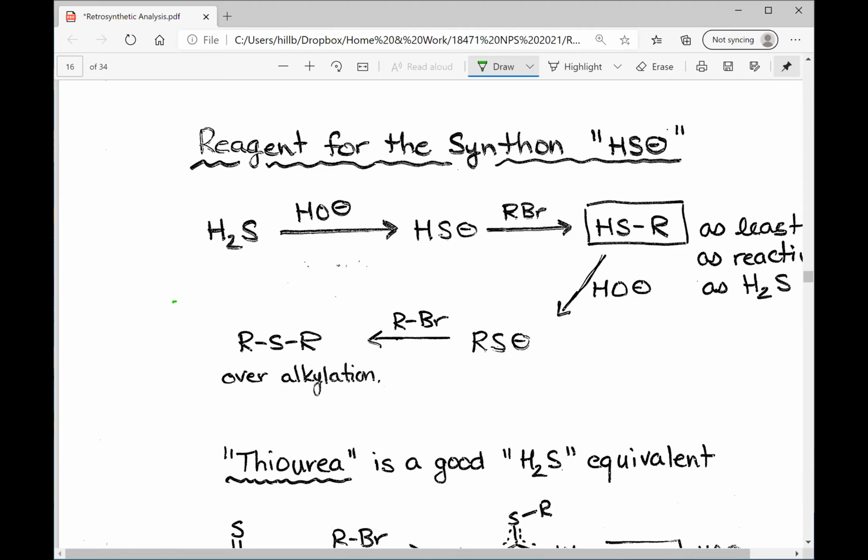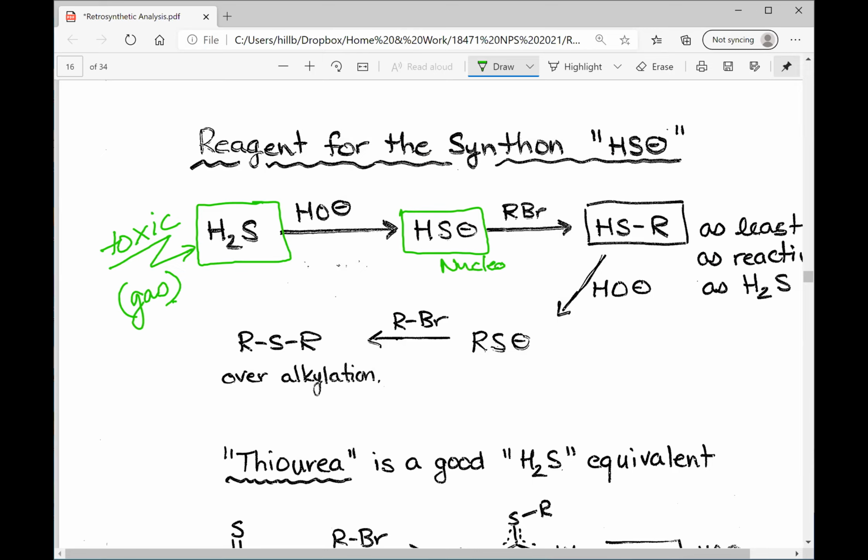Well, this is toxic, so you don't particularly want to use that. It's also a gas, so that makes working with it problematic. But this acid-base reaction would work great. HS minus, this is a super nucleophile. So a substitution reaction would work really well.